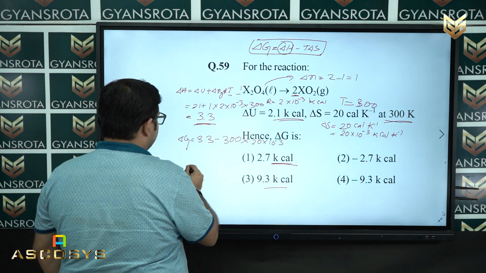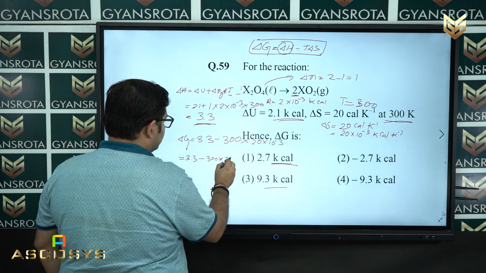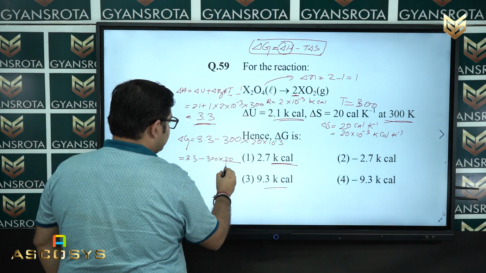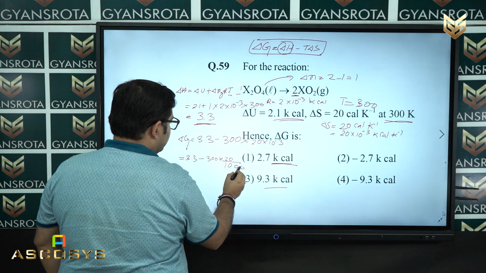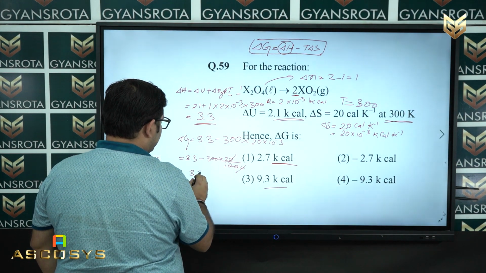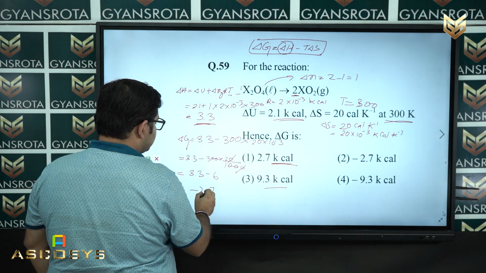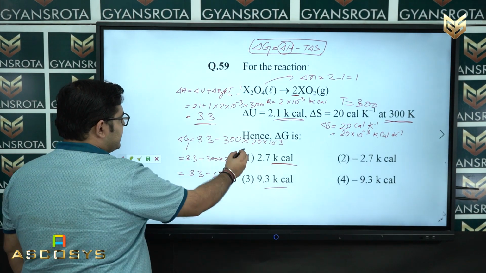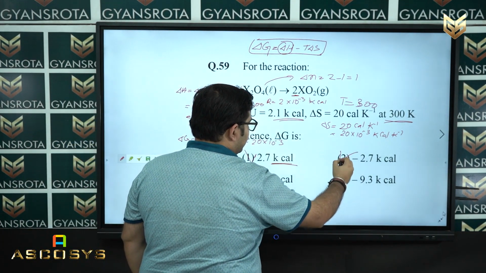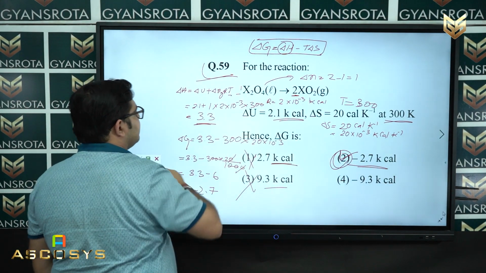Now, if you solve this: 3.3 minus 300 into 20 divided by 1000. Cancel it out, and you are left with 3.3 minus 6. So, your answer is coming as minus 2.7. Now, this is not possible, and this is also not possible. Among these, the negative value minus 2.7 is contained in option number 2, so option number 2 is the correct answer to your question number 59.